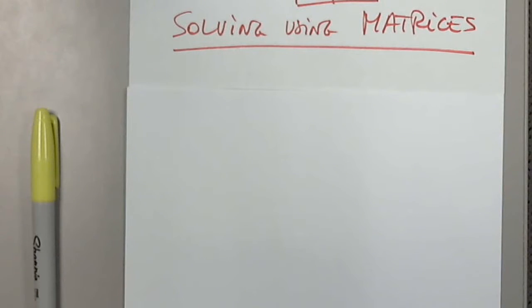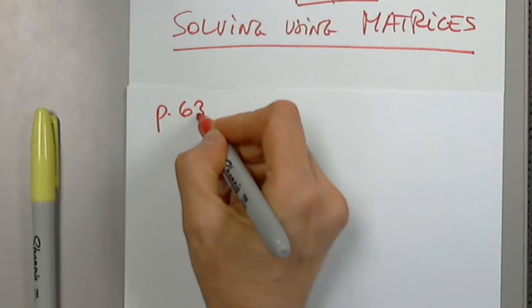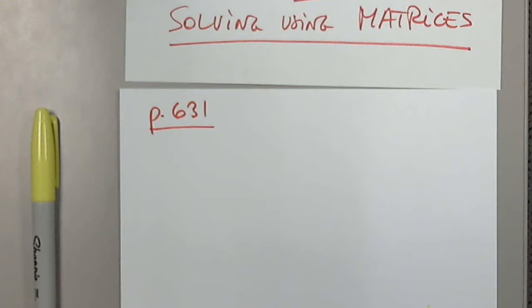So let me copy a system. So we are on page 630, 631. Okay, allow me to pick an example and then you can pick the next.